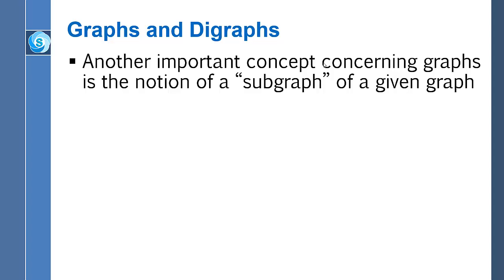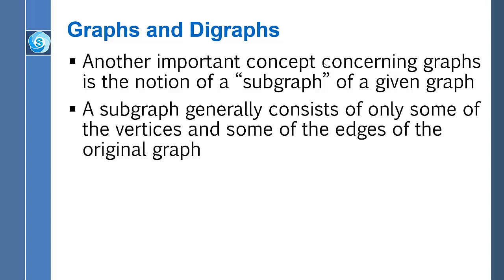Well, a connected component would be an example, but the idea of a subgraph is far more general than that. The idea of a subgraph is you would take a subset of the vertices, so you would include some of the vertices of the original graph, possibly all of the vertices, but not necessarily. You would take some of the vertices, and you would also take some of the edges.